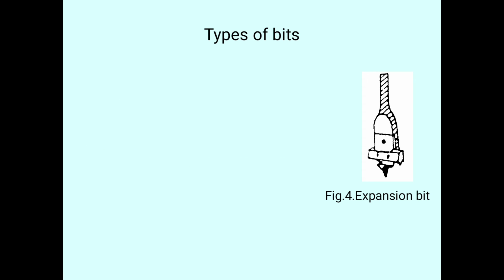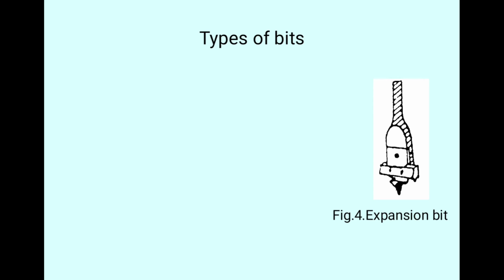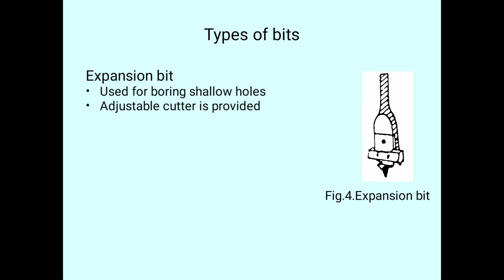Next one is the expansion bit. We can see the diagram here. This is a diagram of an expansion bit. This expansion bit is used for boring shallow holes. If you want to produce shallow holes, we can prefer expansion bits. This can be adjustable.